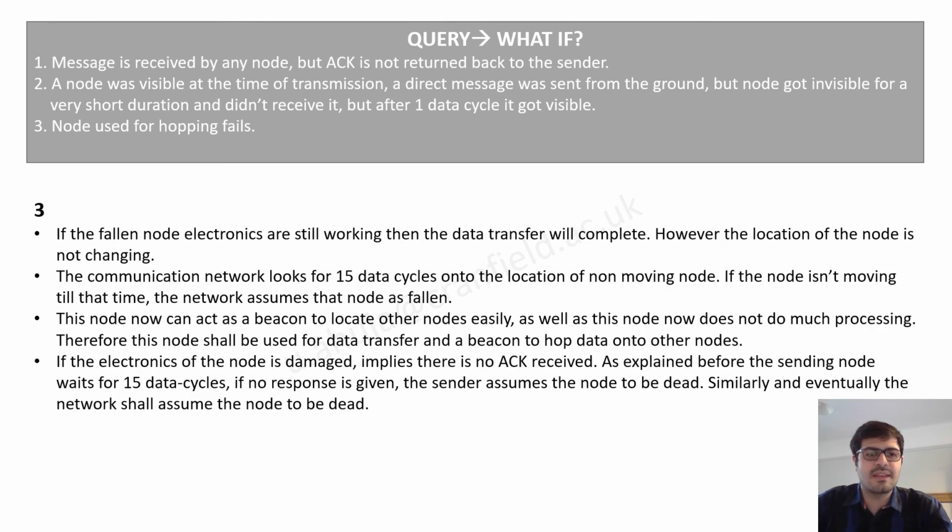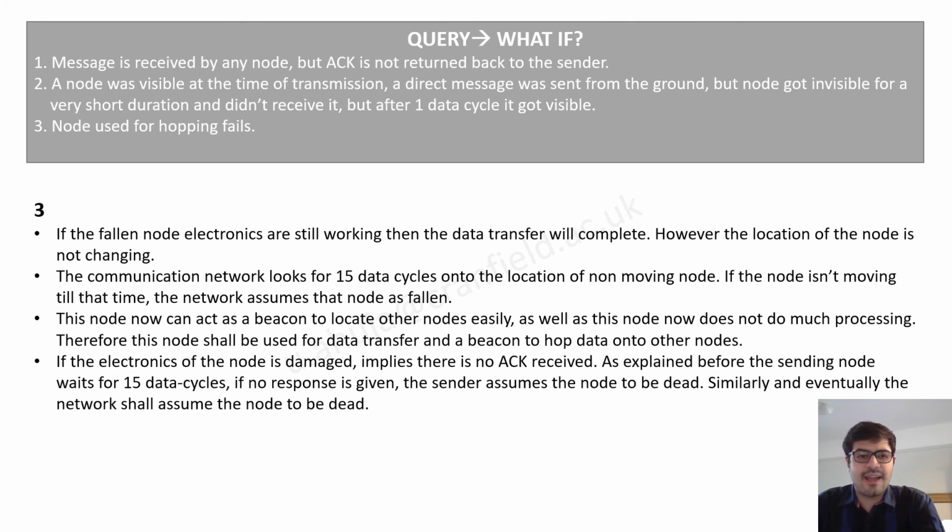Okay. In the third case, if the fallen node's electronics are still working, then the data transfer will complete. However, the location of the node is not changing. The communication network looks for 15 data cycles at the location of the non-moving node. If the node isn't moving till that time, the network assumes that node has fallen.